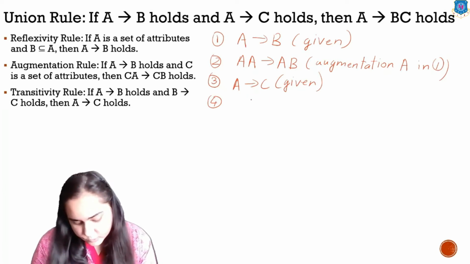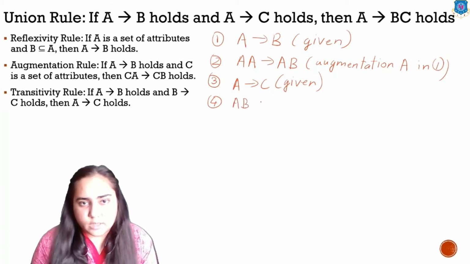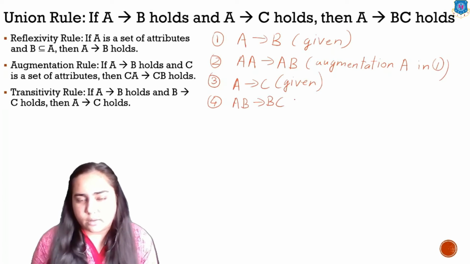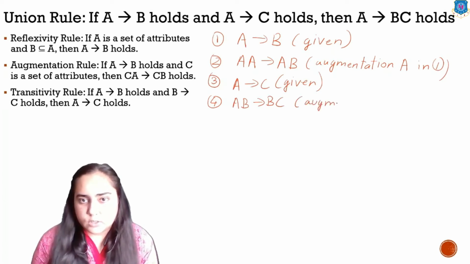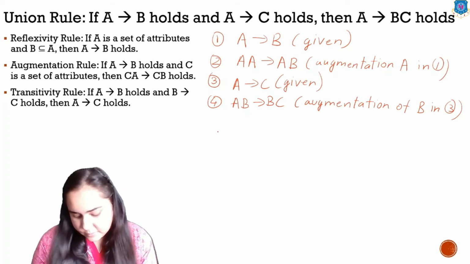And in this case, I'm going to augment a B instead of an A. So it would give me AB determines BC. I think you know where I'm going now. Here, once again, I need to mention the rule that I have applied, which is augmentation of B in number 3. So this gives me this AB determines BC.